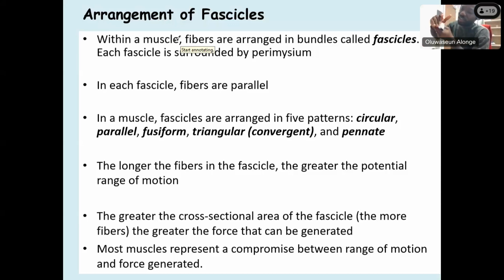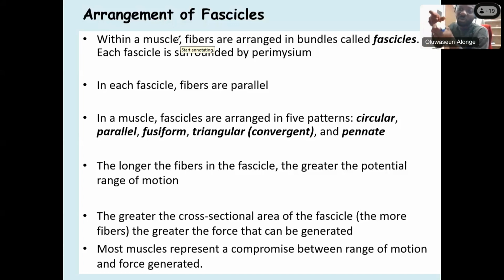Now, for it to be a bundle, they have to be covered together, to be protected, to be bunched together. That bundle of muscle fibers, which we call a fascicle, is covered by perimysium.